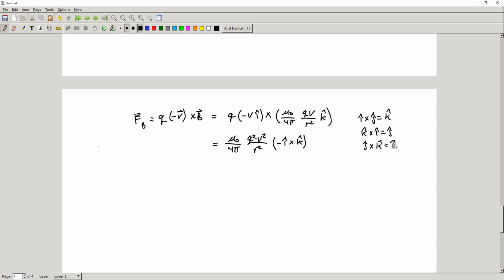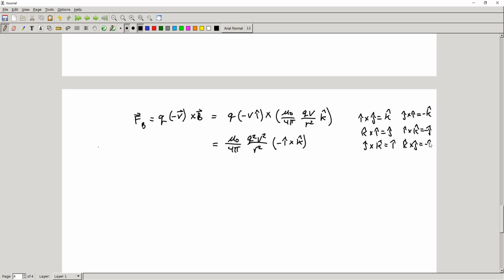And then flipping any of these picks up a minus sign, right? So this means that j hat cross i hat equals minus k hat. This one would be telling me that i hat cross k hat equals minus j hat. And this one tells me that k hat cross j hat equals minus i hat.